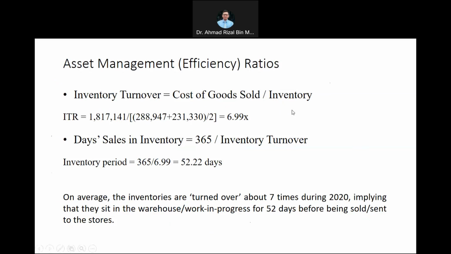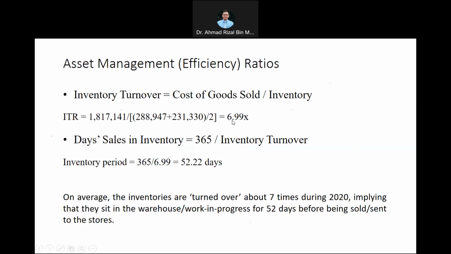Since we have the figures for 2020 and 2019, we are able to calculate inventory turnover only for 2020, whereby the average inventory is the inventory in 2020 plus the inventory in 2019, divided by 2. And the cost of goods sold is for the year 2020. So the inventory turnover ratio for 2020 is 6.99, about 7 times.